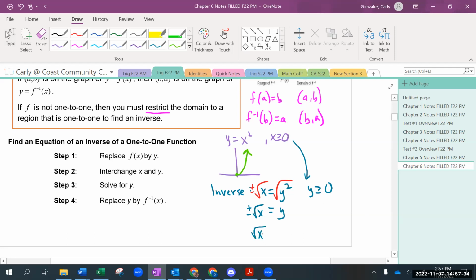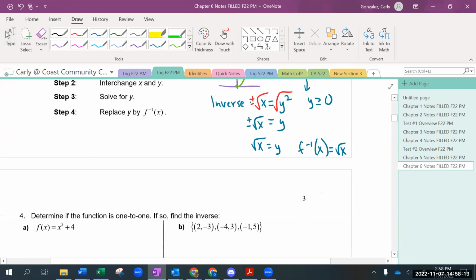So I have y equals the square root of x, or if we use function notation, where we had f of x equals x squared, then f inverse of x equals the square root of x. So if we restrict the domain to make sure it's one-to-one, then we can find the inverse. One of the strategies is switching x and y, then solving for y.